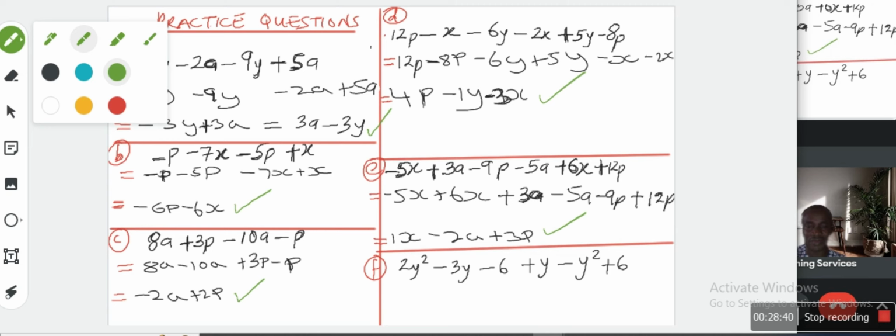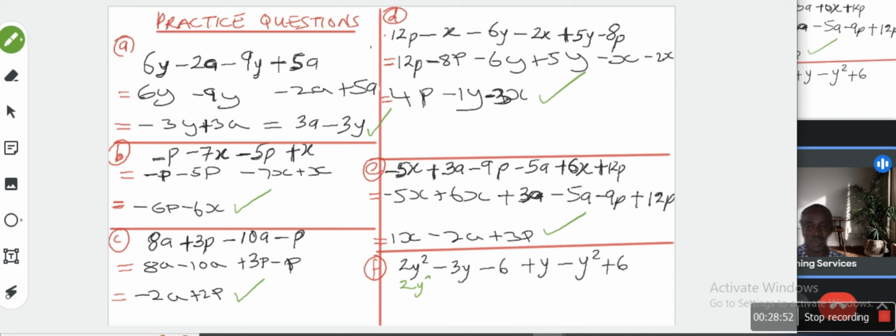Okay. Which one do we collect first? You select the y squared. So the one in y squared, which is 2y squared, and what again? 2y squared and minus y squared. Don't forget the sign.